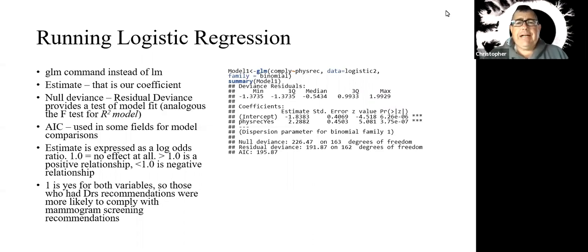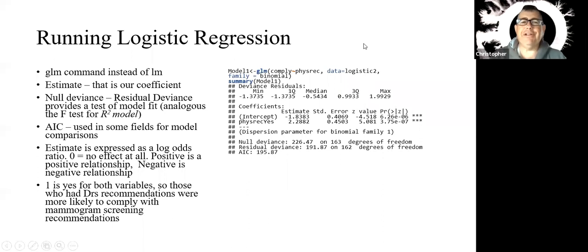The estimate, coming back to that, the estimate here is expressed as a log odds ratio. Remember, with a log odds ratio, okay, back to the log odds ratio. I noticed that there was an error on the slides, and I just took a second to fix those.